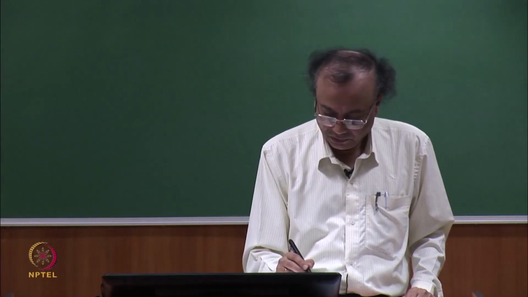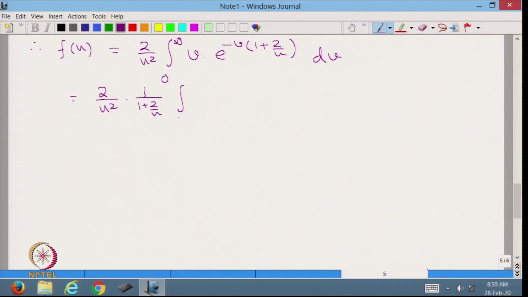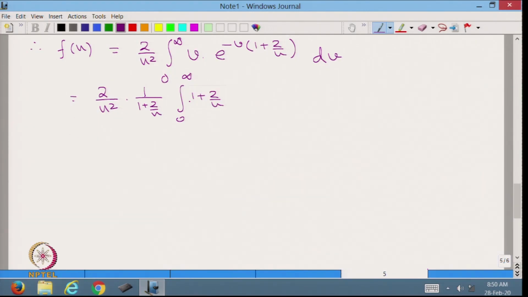Therefore, f of u is equal to 2 by u square integration 0 to infinity v e to the power minus v into 1 plus 2 by u dv, is equal to 2 by u square into 1 upon 1 plus 2 by u multiplied by integration 0 to infinity 1 plus 2 by u into v e to the power minus v into 1 plus 2 by u dv.